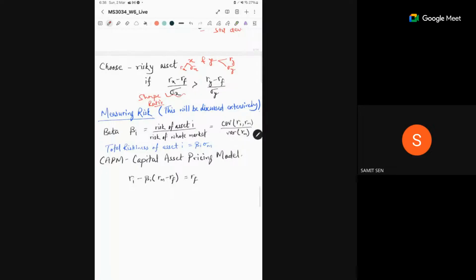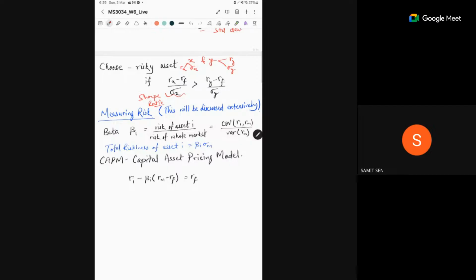But in real life, there are various measures of risk. For example, there is value at risk, expected shortfall, etc. We are not going into that, but one simple one is the beta of a particular asset.